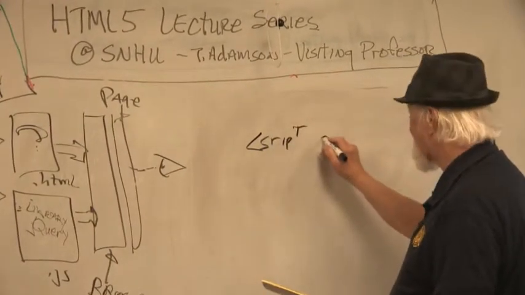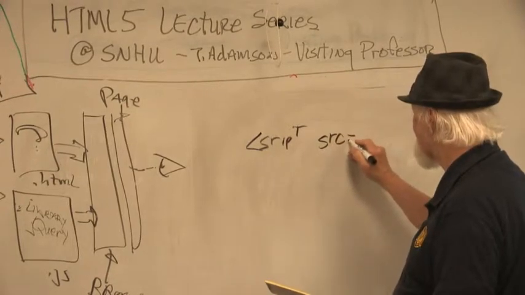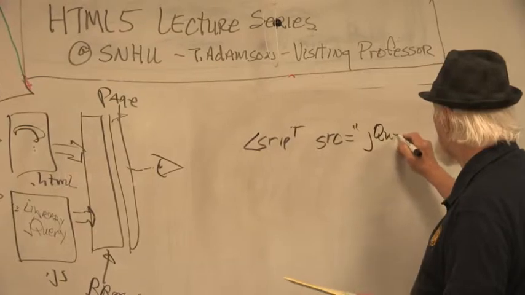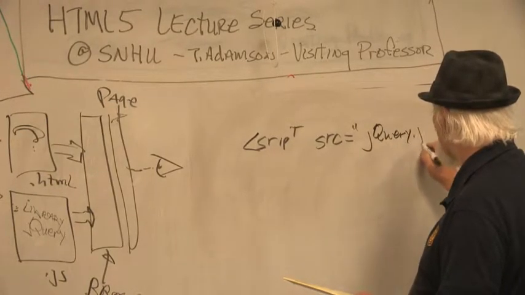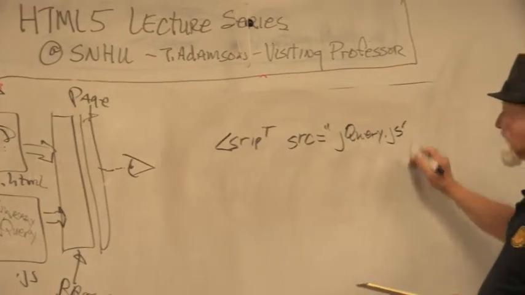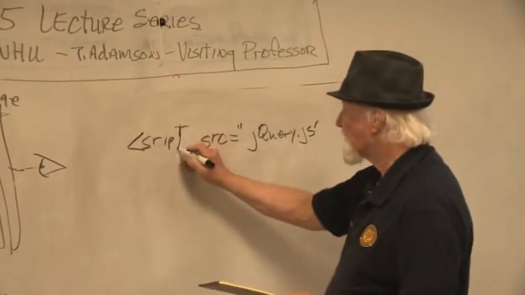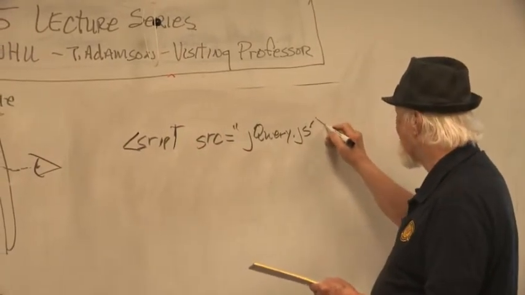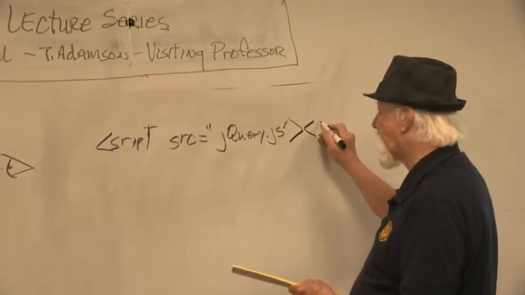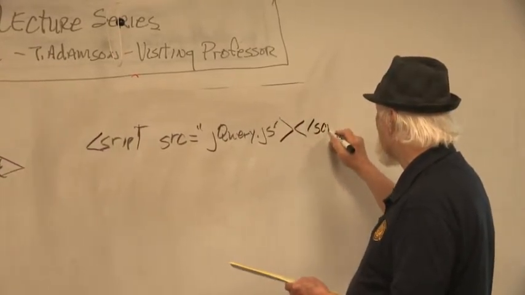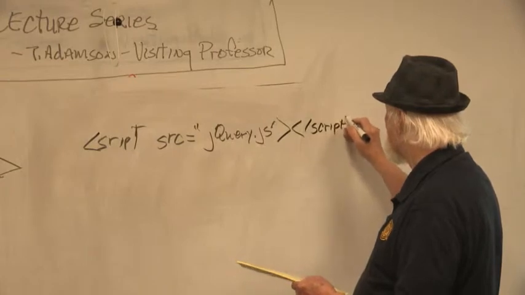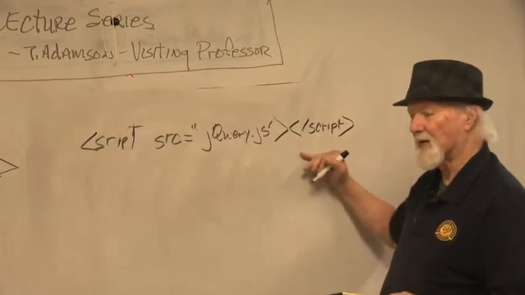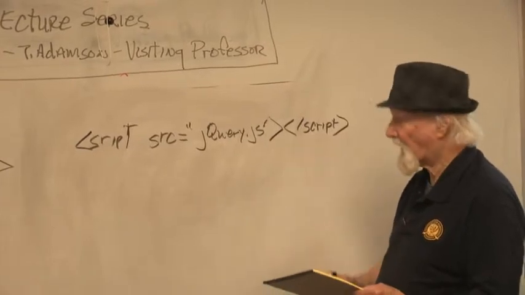We had src, system resource connection, equal to wherever we wanted that file, .js. So this was a script element, and then we put an end tag for script. And this was located up in the head element in the HTML file.